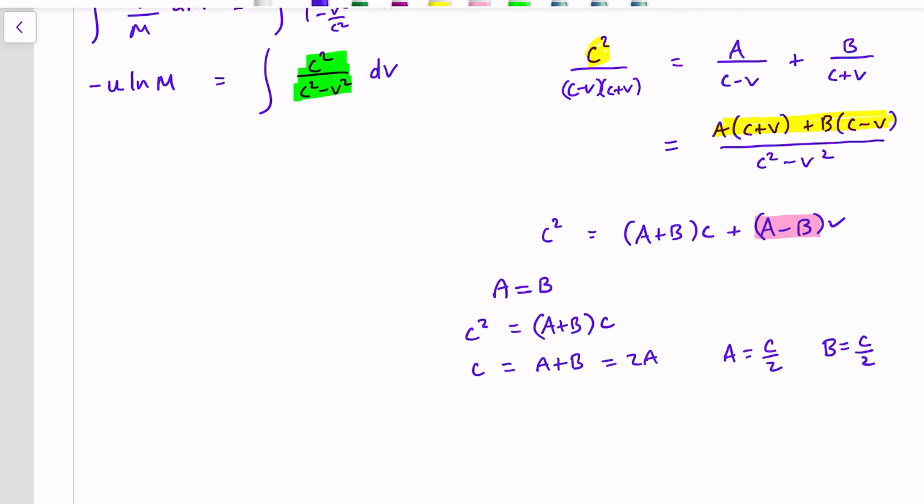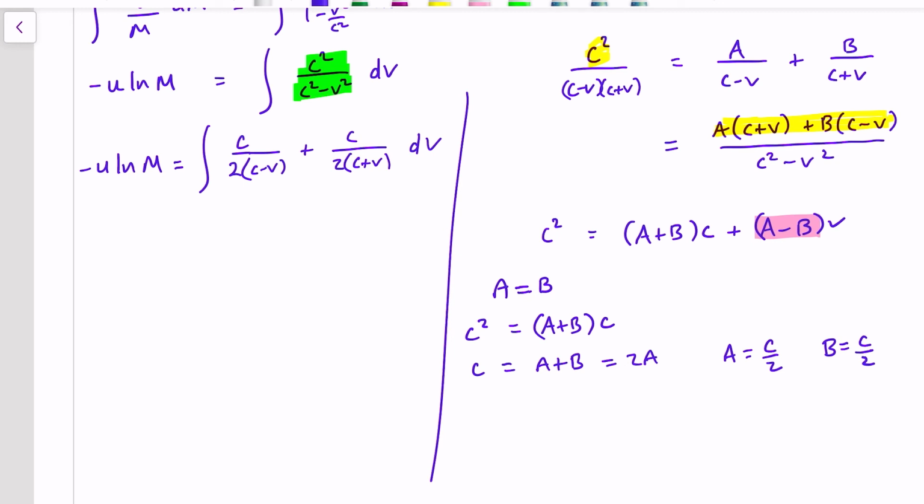and therefore this right-hand integral can turn into integrating c over 2 over c minus v plus c over 2 over c plus v dv. What's that achieved?